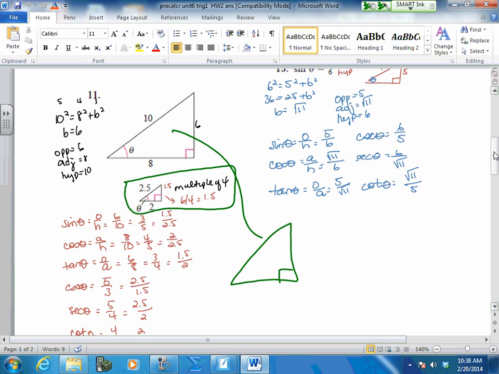If you reduced it here, if I divide everybody by 2, I get a 3, 4, 5 triangle. If you used your 3, 4, 5 triangle, it would automatically reduce it down for you, because you had to go back and reduce these. So it reduced it, yes.